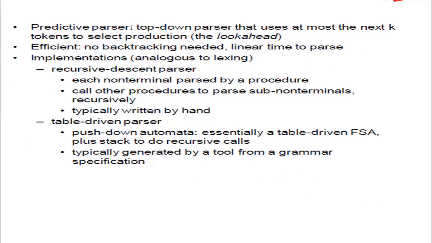So a predictive parser, which is actually a top-down parser, uses some k tokens, usually k equals 1, to select a production. We'll see in detail what that means. It is efficient because no backtracking is needed, and it has linear time to parse, while in the case of backtracking we have exponential time to parse.